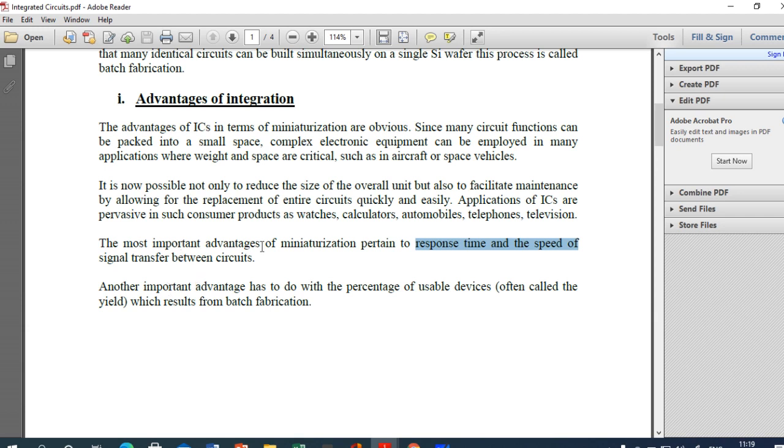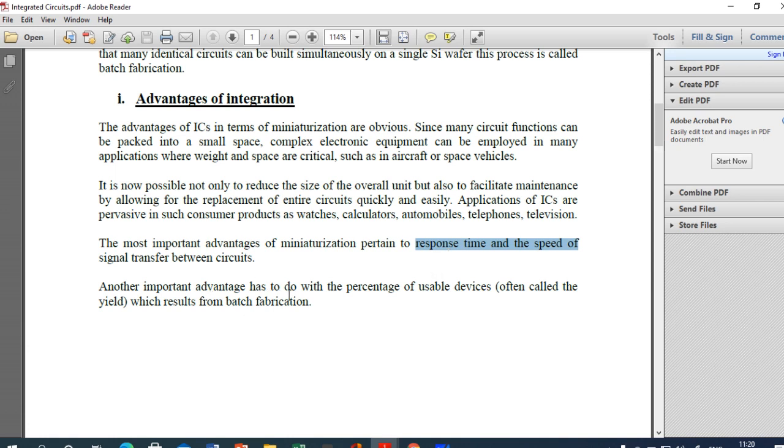That is the most important advantage of the integrated circuit with respect to time and speed. It needs very little time and it transfers the signal between the circuits much faster.